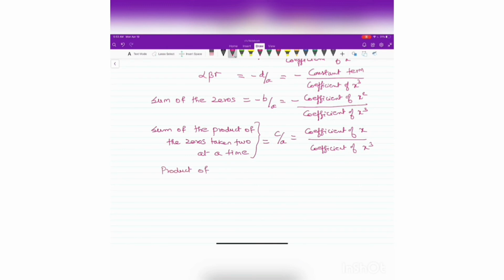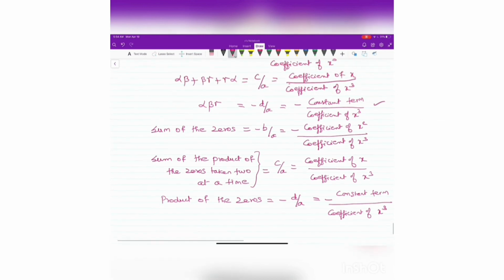Product of the zeros is equal to minus d by a, minus constant term by coefficient of x cube.